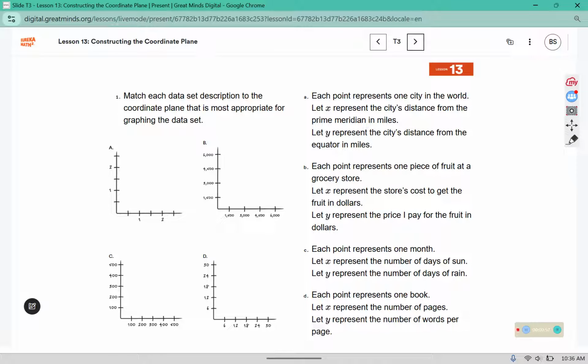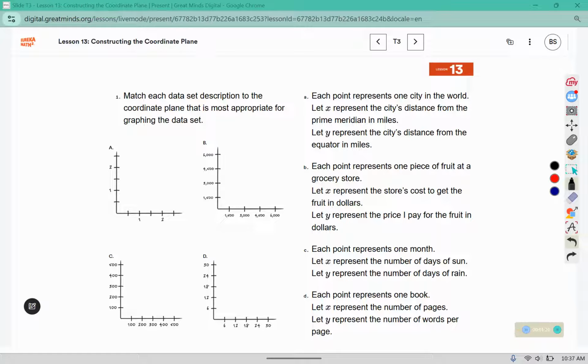Match each dataset description to the coordinate plane that is most appropriate for graphing the dataset. You'll notice that the scale on the axes, or the interval which they count by, are not the same in all of these graphs. A. Each point represents one city in the world.